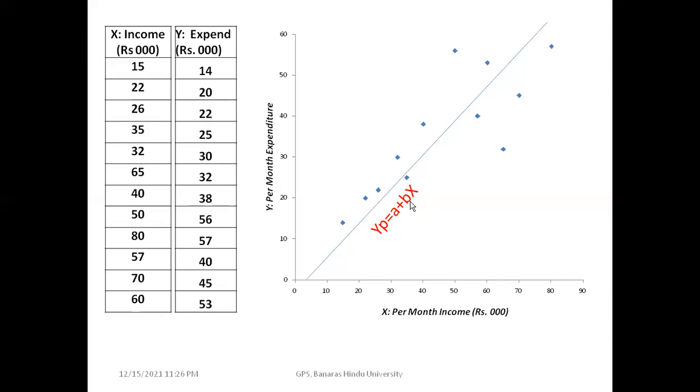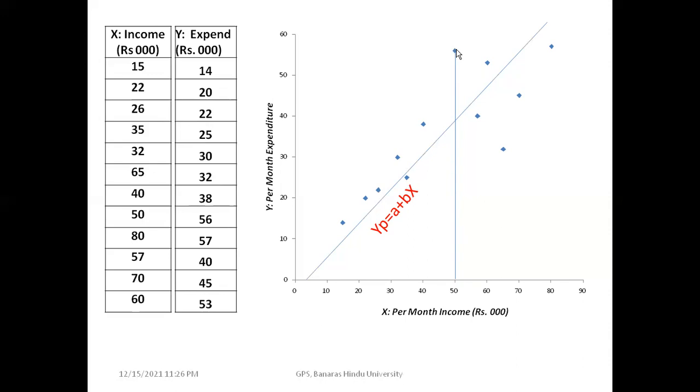To get these values A and B, we use the data points. Suppose this is my own point Y, the original data point. My Y value is this much. If this is the regression line which represents the closeness of my data, then my line will say the value of Y is this much.